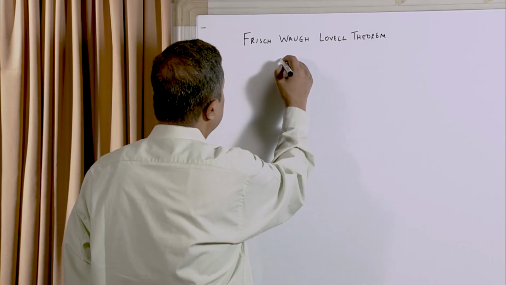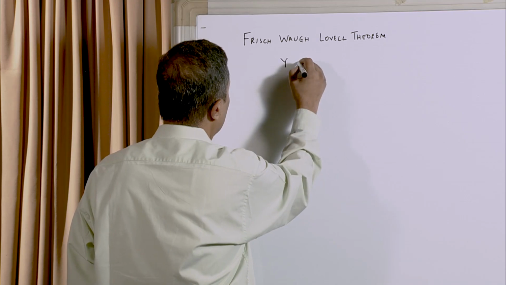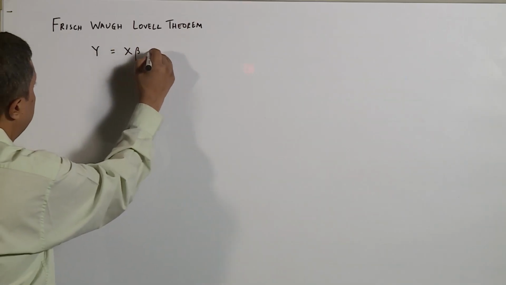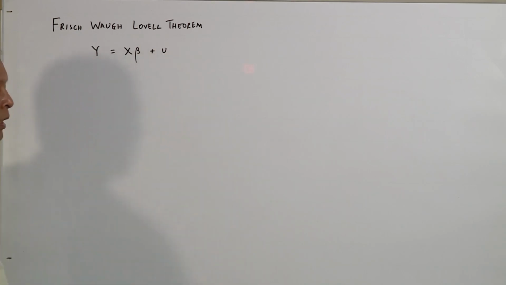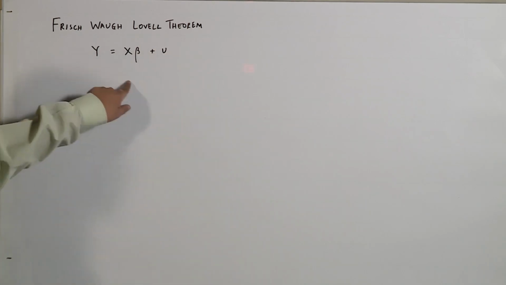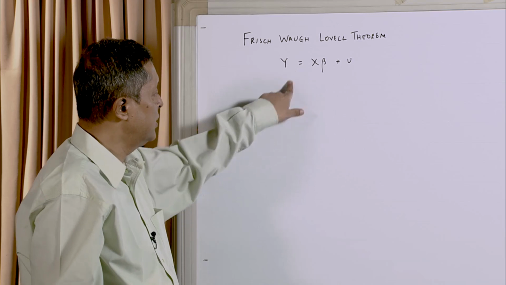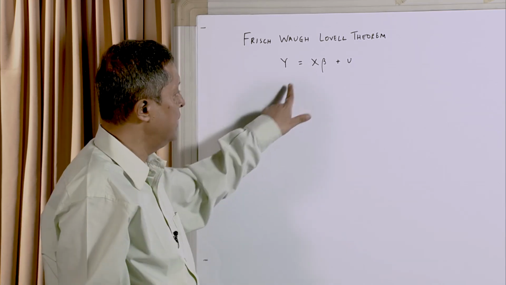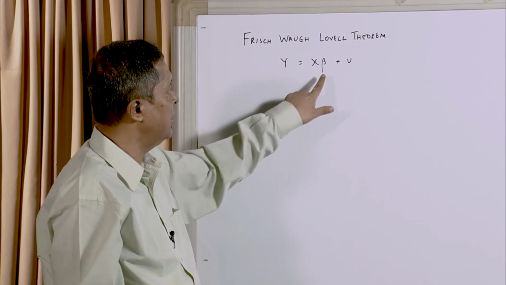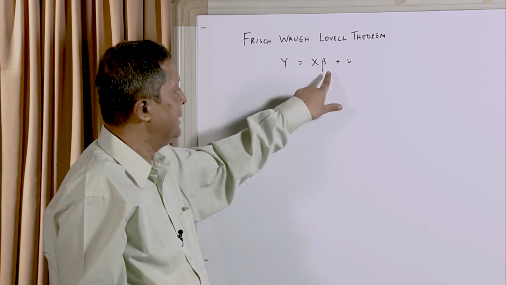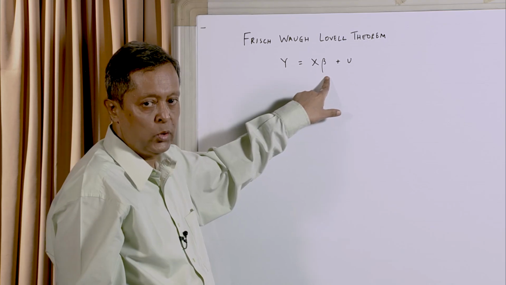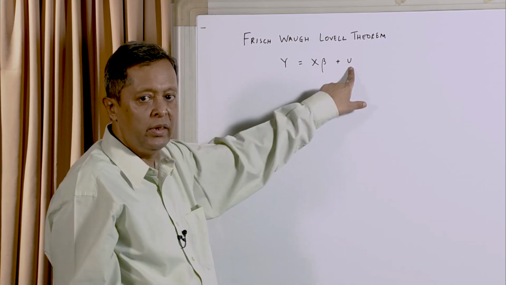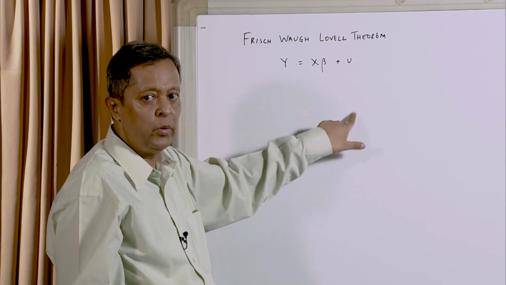So, we have our multiple regression model as y is equal to X beta plus u. Please note that this is the k variable model. So, there are n observations, the order of X is n rows and k columns, and the order of beta is k cross 1. So, we have beta 1, beta 2 right up to beta k, and this u is also u1, u2 up to un.